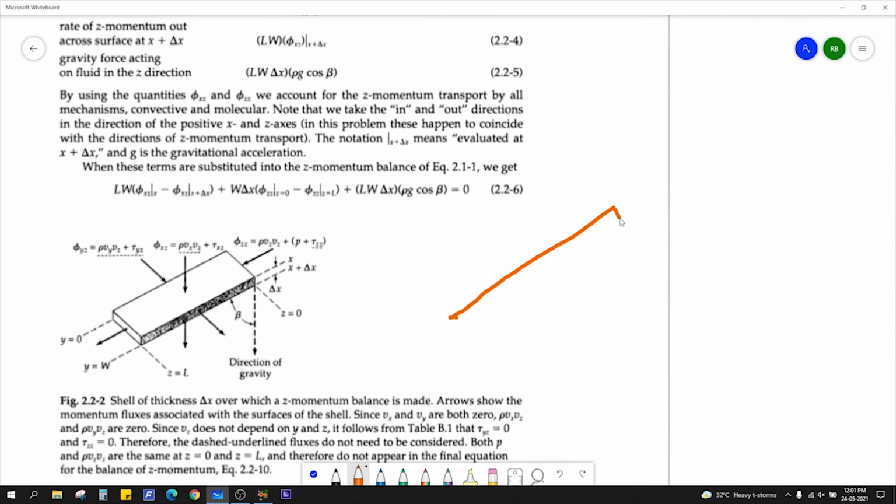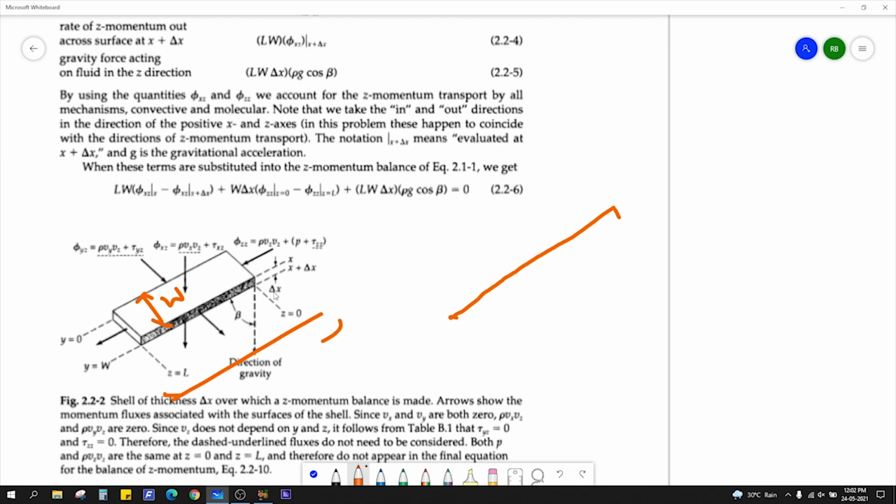That was the side view, right? If you see the top view, now you can see this is the top view here, right? This was the L, right? Length L in this direction. This is the width, given as W. What is the thickness? Delta X.